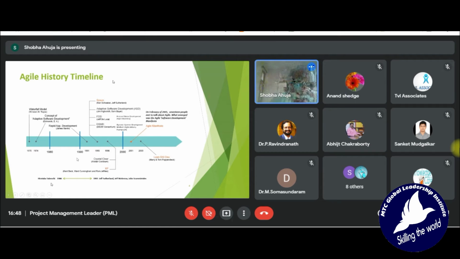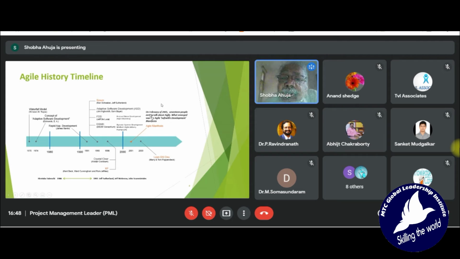It looked at a backlog, and the whole thing was about reducing the backlog. Later it kept developing, and in 2001, 17 people met to talk about Agile.